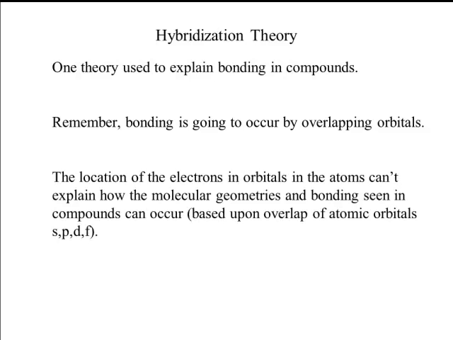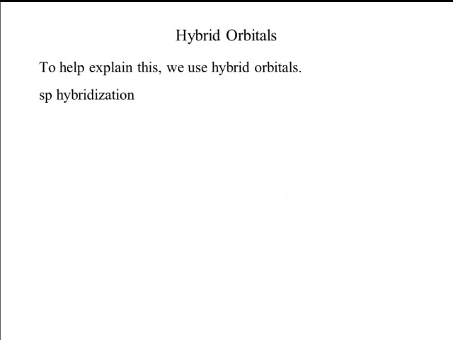If we look at the location of the electrons in these orbitals and in those atoms, we can't explain how those molecular geometries can come about based upon just the overlap of those atomic orbitals, the s, p, d, and f. It doesn't make sense how they arrange themselves based upon the way those orbitals are set up. So we have to come up with something called hybrid orbitals. With hybrid orbitals, we take atomic orbitals, put them together, and come up with new hybrid orbitals.